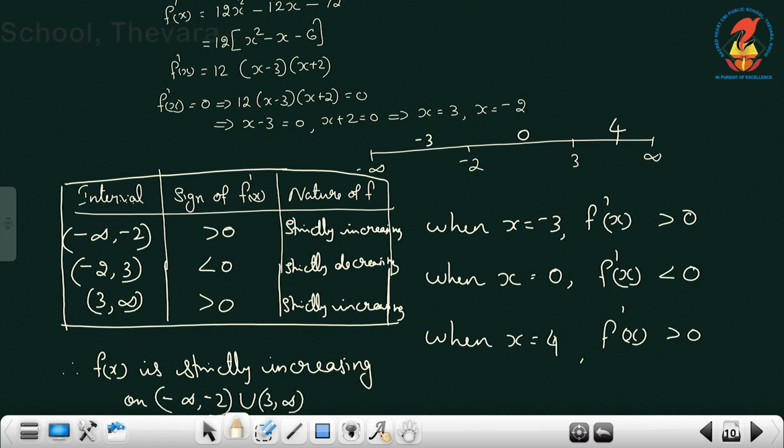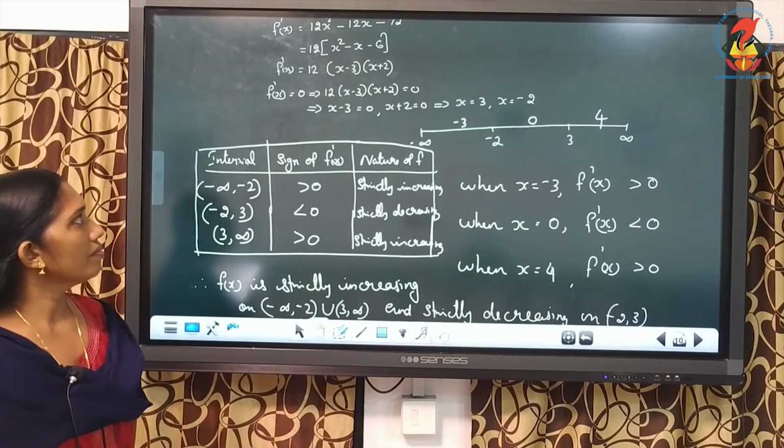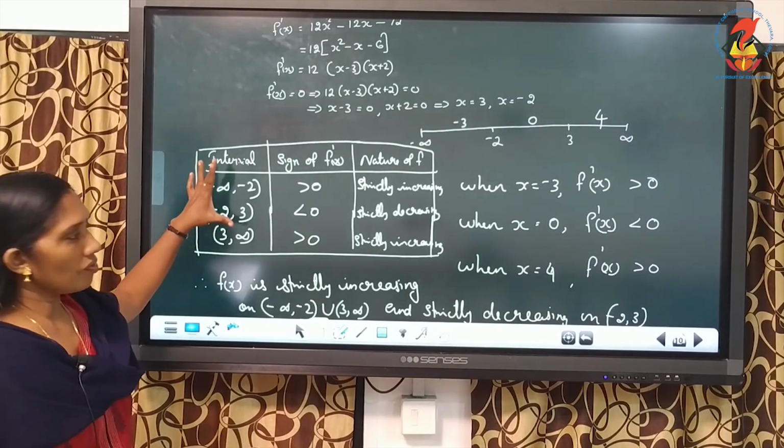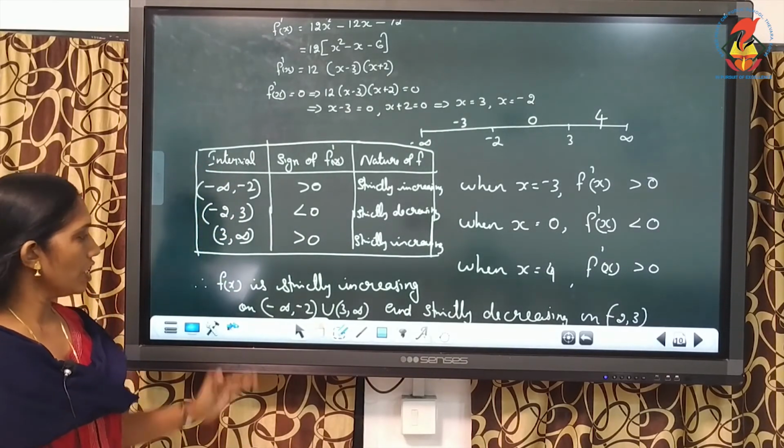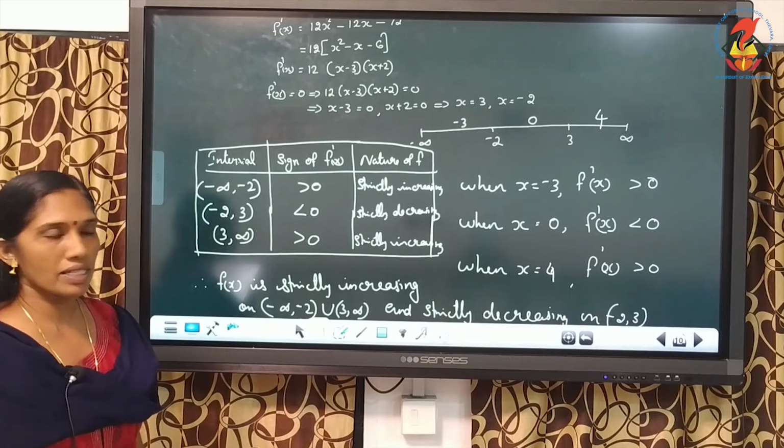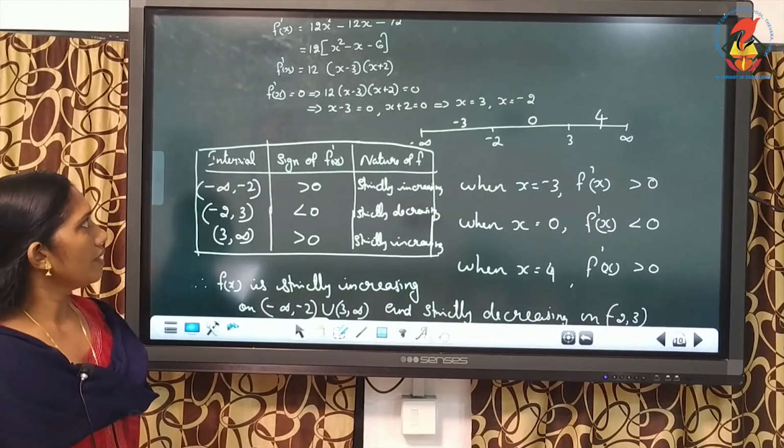Both the intervals it is increasing. And strictly decreasing on which interval? Minus 2 to 3. So we got the answer. 3 intervals we got. Which one increasing, which one decreasing, that we identified.